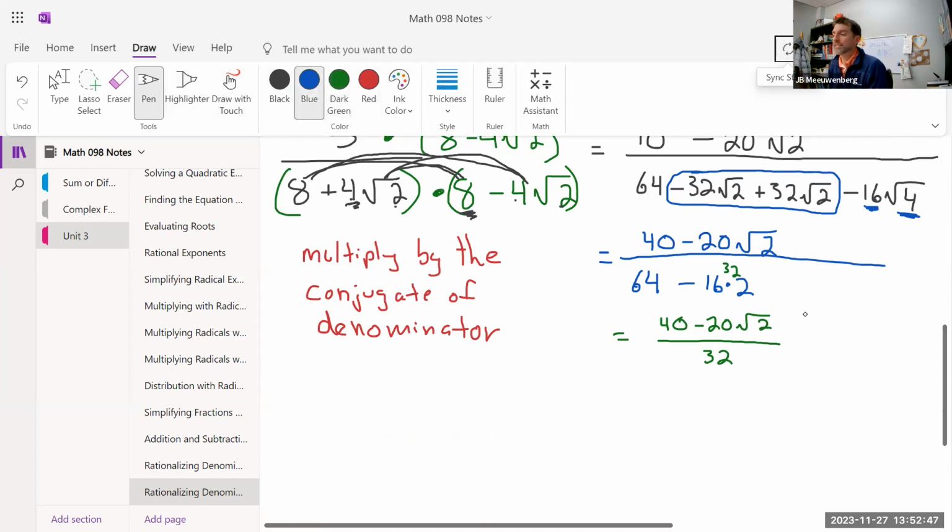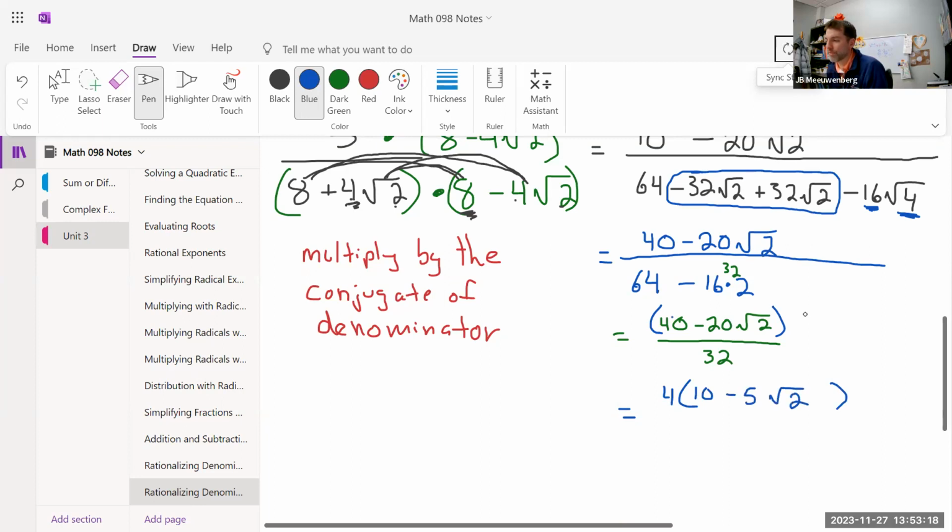However, we can still simplify this, and we've done this before. We need to factor something out of this numerator that can cancel with the denominator. We have to take out a common factor. I noticed that there is a factor of 4 that can be factored out of the numerator, which will also cancel with that 32. So I'm going to take out a common factor of 4, which leaves me with 10 minus 5 radical 2.